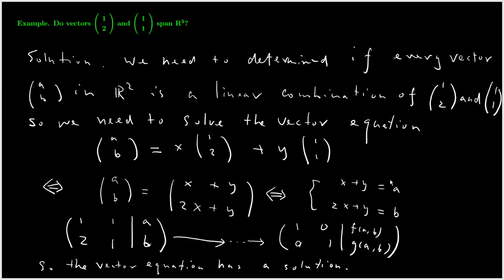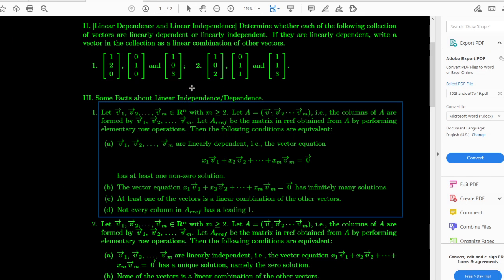In the future, for most of the questions, we are going to use the shortcut method. If you do not fully understand this part, it doesn't matter, but try to understand. This is why the shortcut method will work. We are going to do a few additional questions to illustrate how to determine if given vectors span R^n or not. So this time we can do a set of questions on the handout.